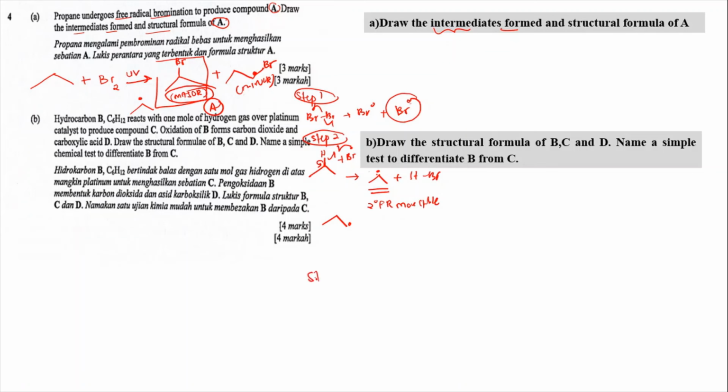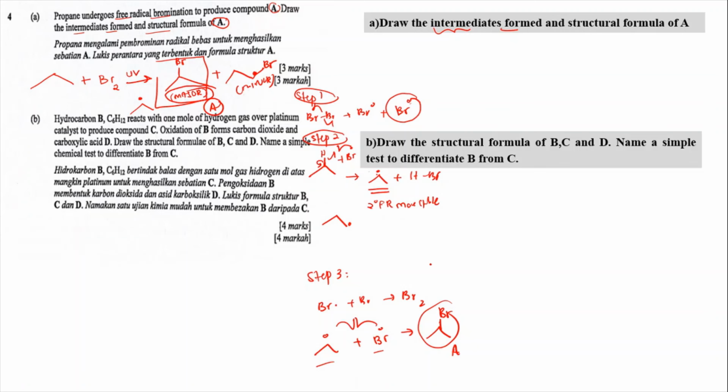So when it wants to stop the reaction in termination, Br will react again with Br to form bromine, and then the free radical of the propane is going to react with Br, and this is going to produce the answer here, which is A. So the two intermediates are going to be this one and this one.